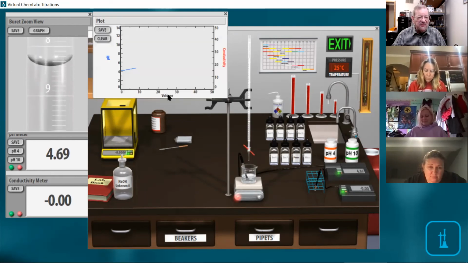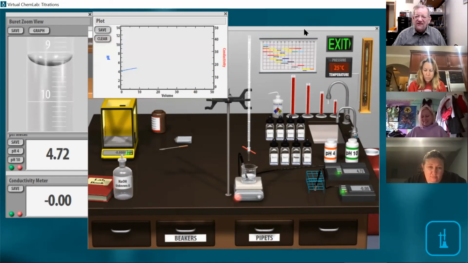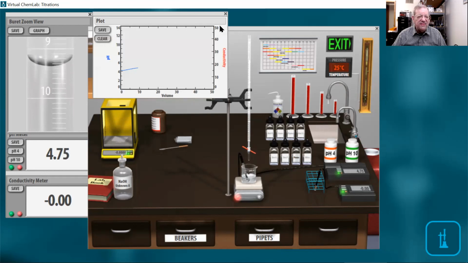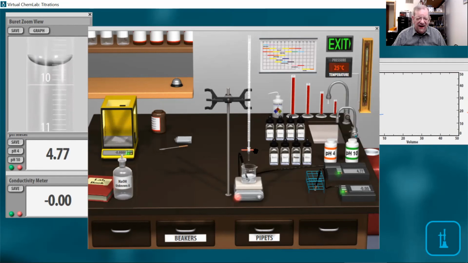Now, the nice thing about the plot is you can't see it if it's over there. Let me do something. Now you can see the plot.